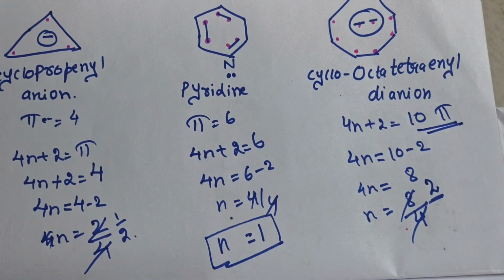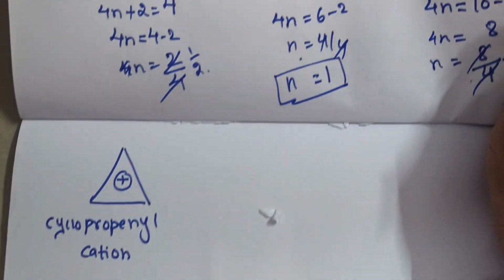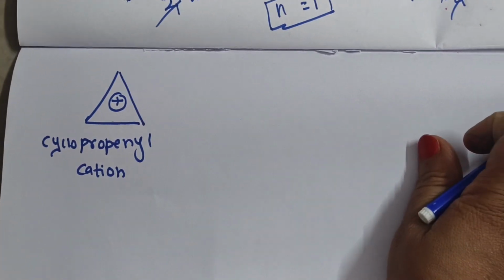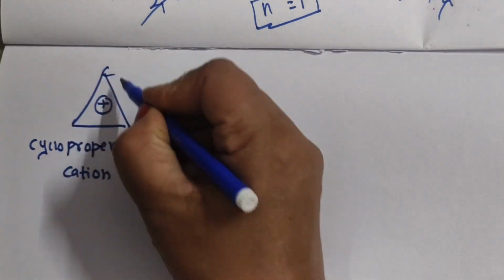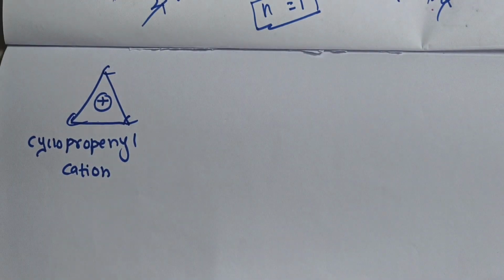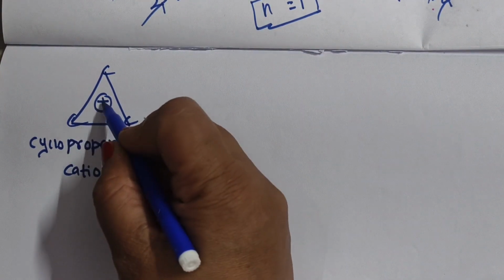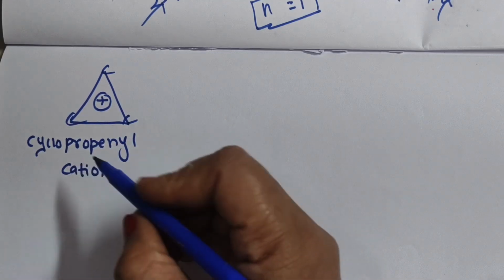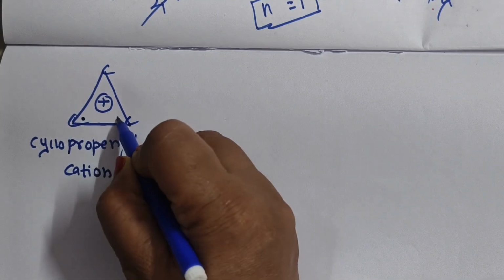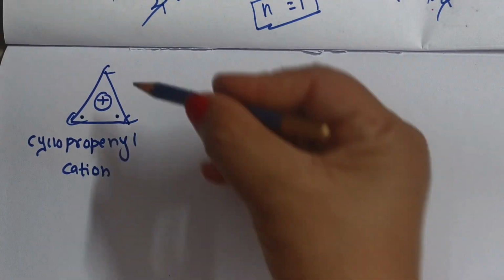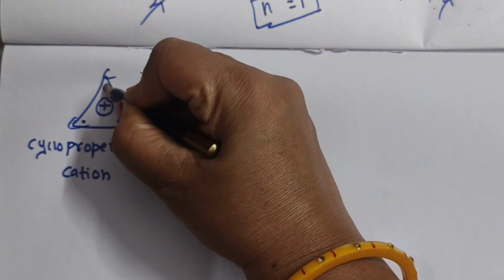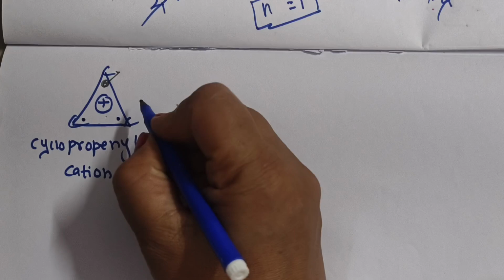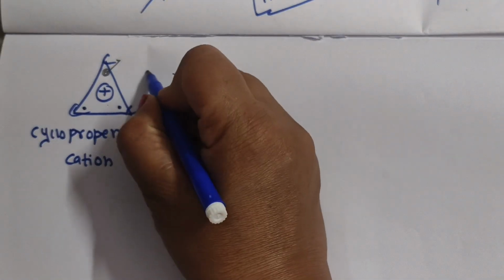Now next we will discuss the cyclopropyl cation. I hope now you can do it yourself. It is a 3 carbon species with 1 positive charge. So how many electrons will you have now? You will have only 2 electrons, because the electron of the third carbon has already been donated because of the positive charge. So the pi electrons here are equal to 2.